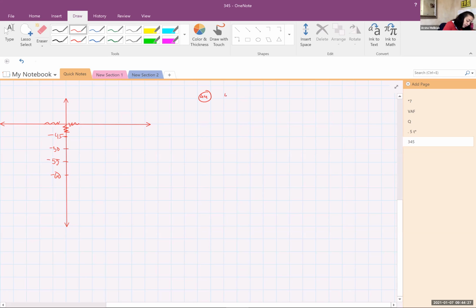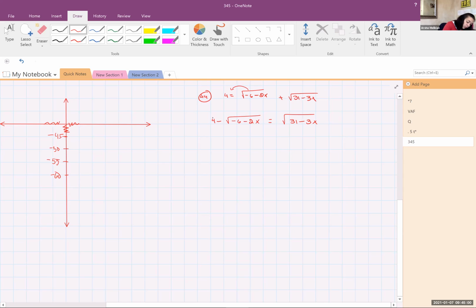Let me do this. So we have 4 equals -6 minus 2x. Okay, so remember what we had said yesterday: if you have 2 roots, put 1 root on each side of the equation. So I'm going to move this one over here and make it 4 minus the root, equals.